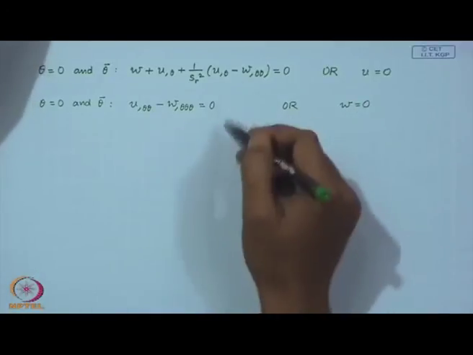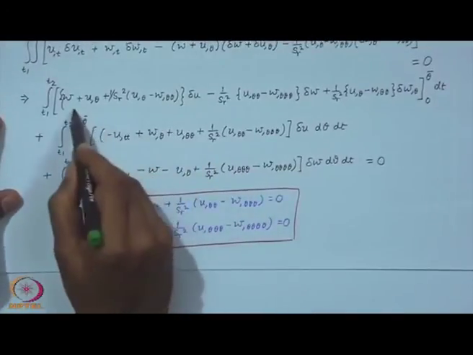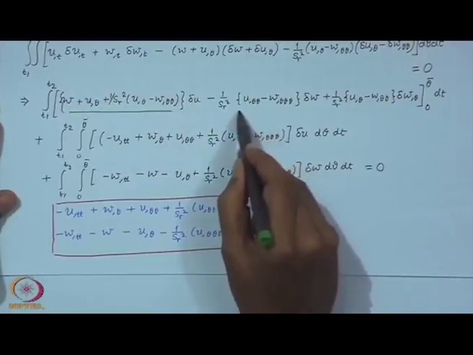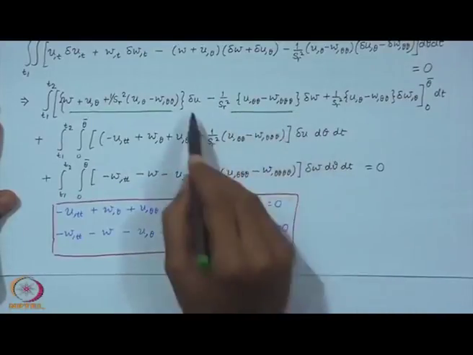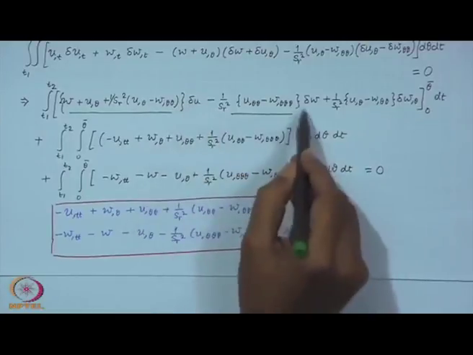So these two boundary conditions follow from these boundary terms. So, this is the first boundary term and this is the second boundary term corresponding to displacements. So, delta u and delta w.